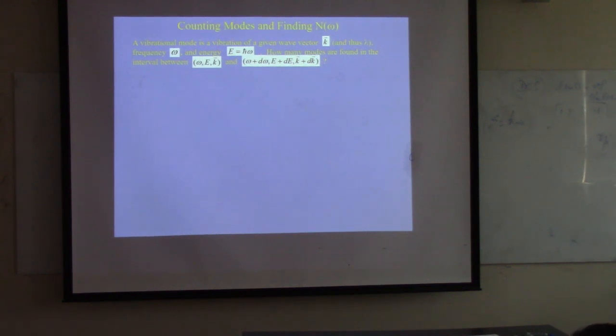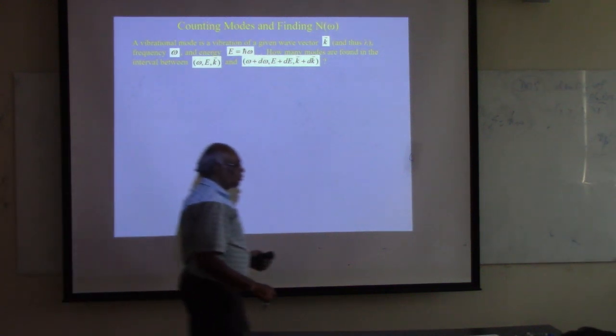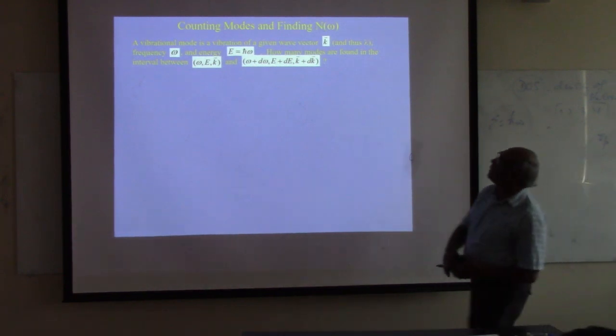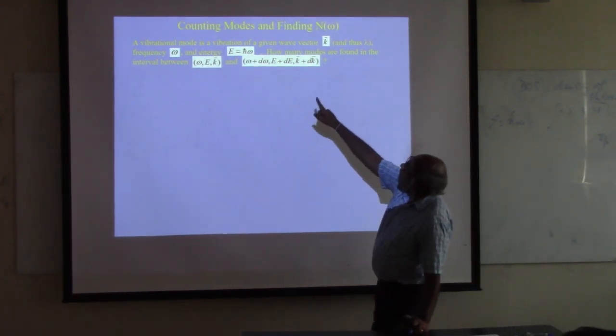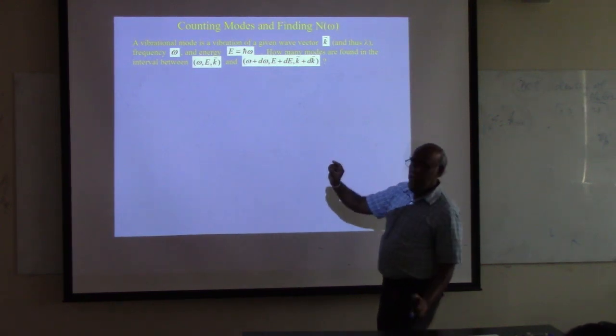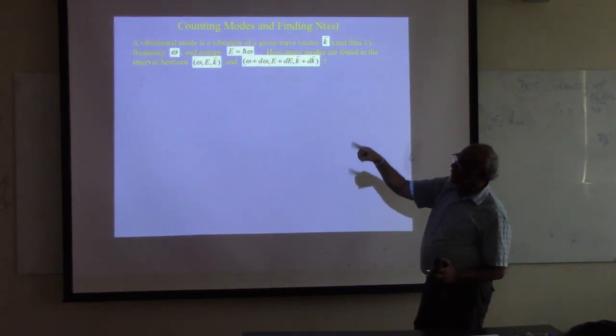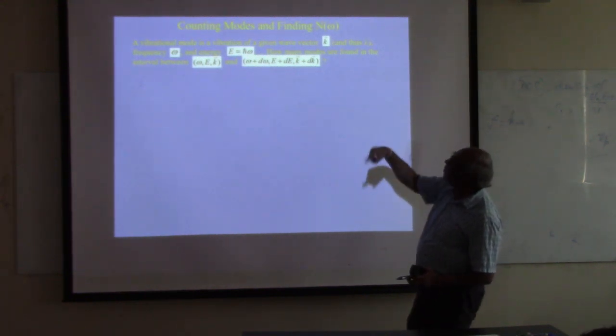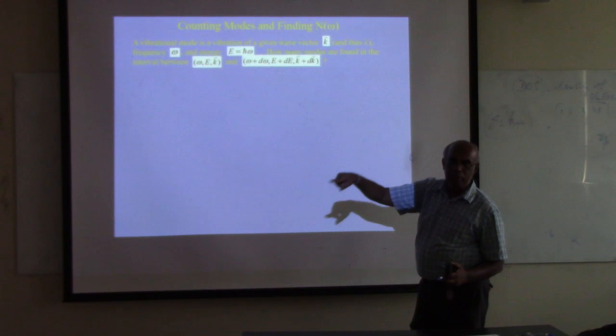How do we do that? Please read this one. Each vibrational mode is associated with some k, right? Because each atom is vibrating with this frequency omega, and omega is related to k. That means you can represent this as a wave.